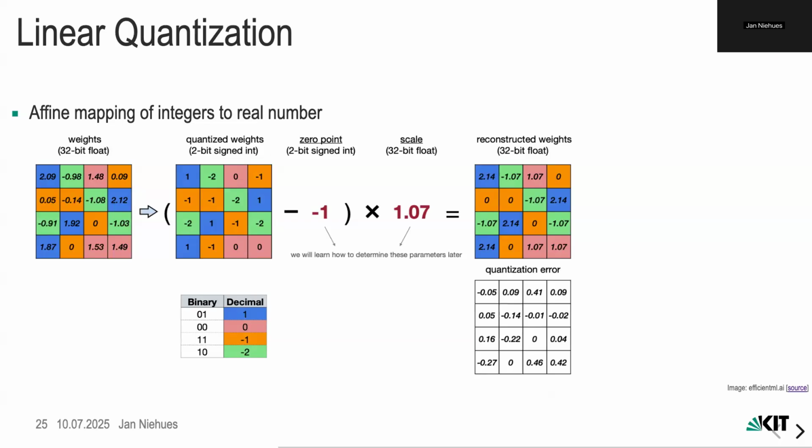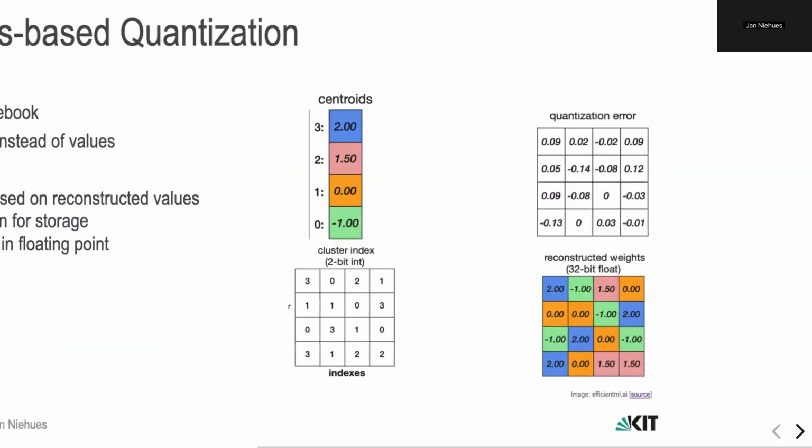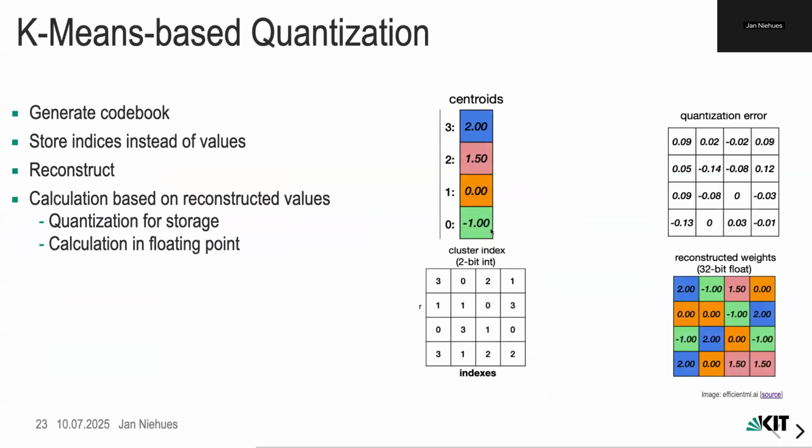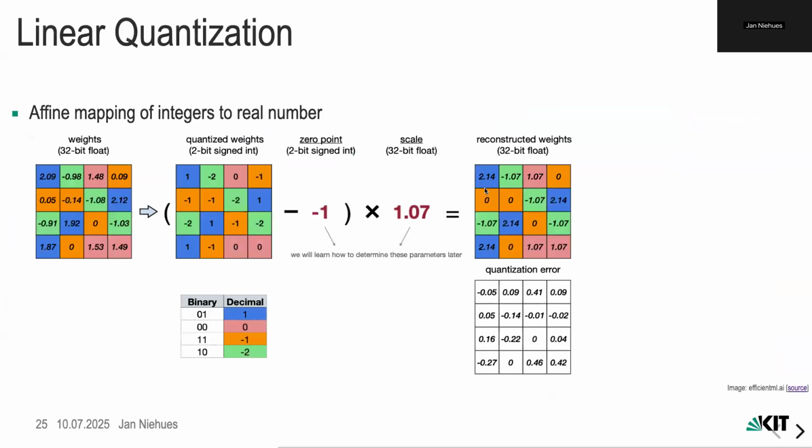Now the main difference is before we had not equal distance between them. So remember we had the centroids 0, -1, 1.5 and 2. So the distance is not all the same. These two are nearer to each other than that one. With linear scale, this is no longer possible, they all have equal distance.